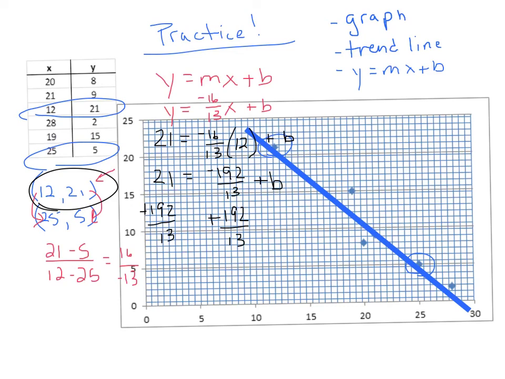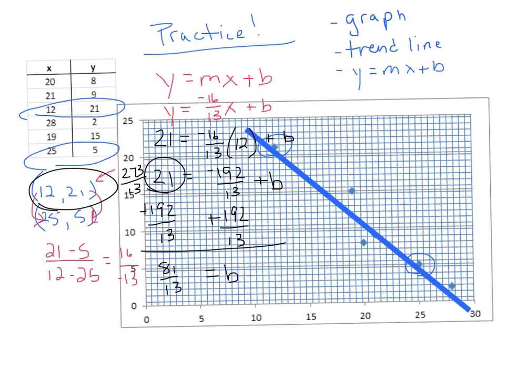On the left side, the easiest way to do this is to change that 21 into 13ths. That is 273/13. We'll go ahead and do that addition problem. And we get 81/13 is equal to b.